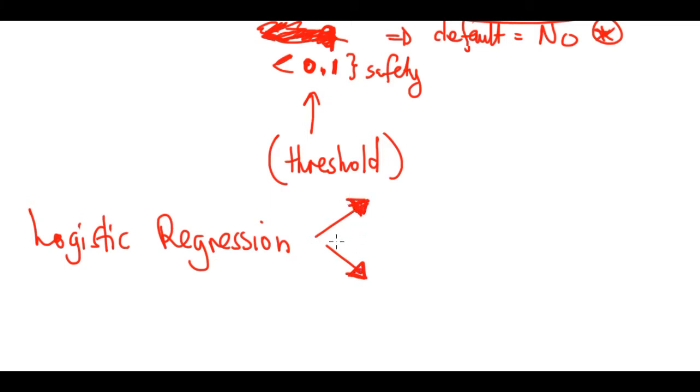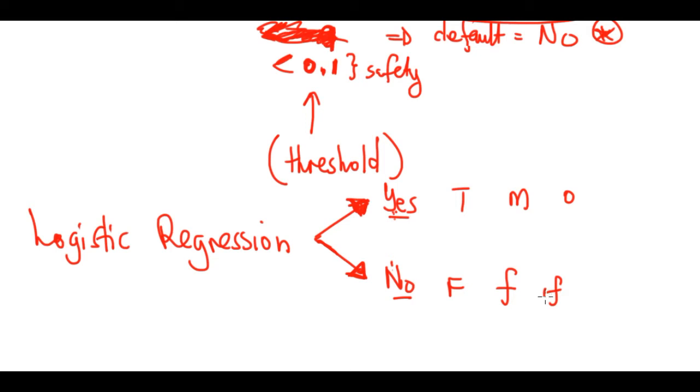It works very well in situations that have just binary outcomes, like yes, no. You can extend it to more, but many people in the industry use logistic regression in situations with binary outcomes: yes, no, true, false, male, female, on, off.